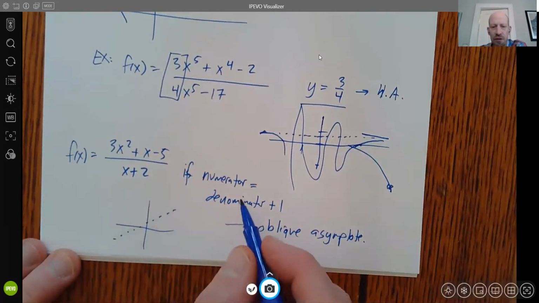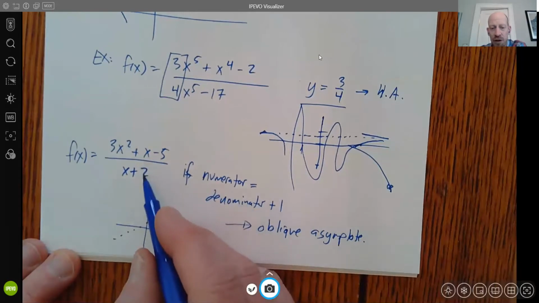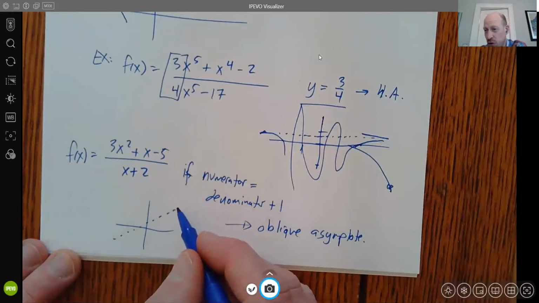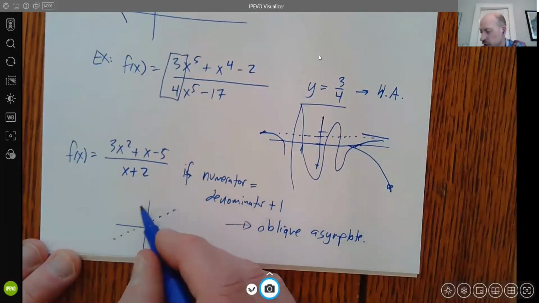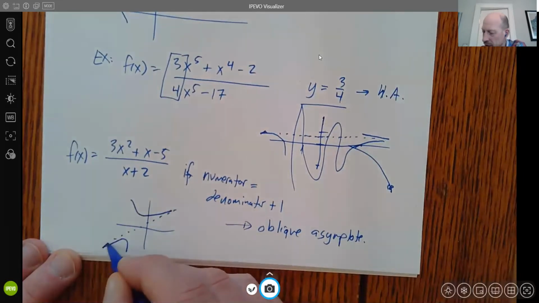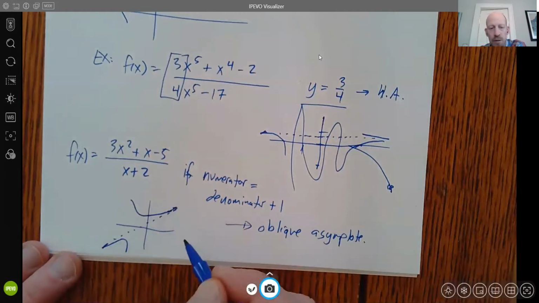So it turns out if the degree is 1 larger on top than on bottom, then you get an asymptote that's a line, an angled line. So your function might look something like this. It's getting closer and closer to that line.